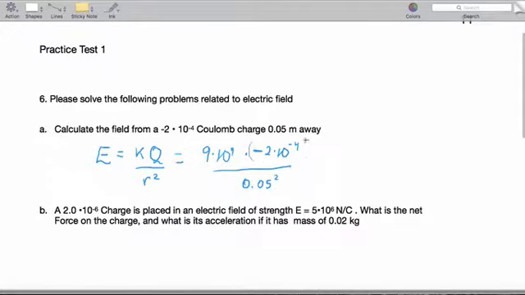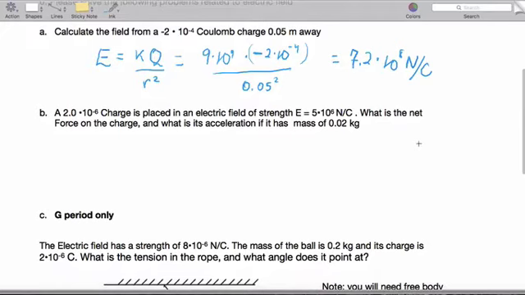I'll put some brackets around that so you don't think I'm trying to subtract anything. When we're done with that question, I ended up getting 7.2 times 10 to the 8th newtons per coulomb. That's the unit on the electric field.